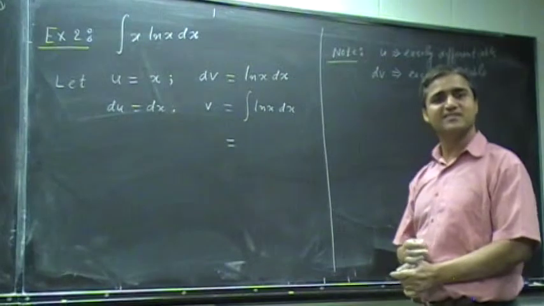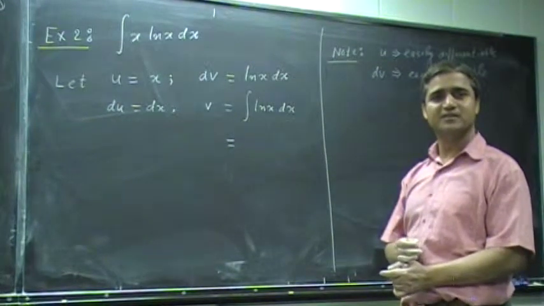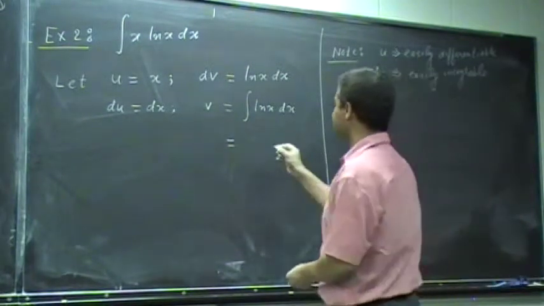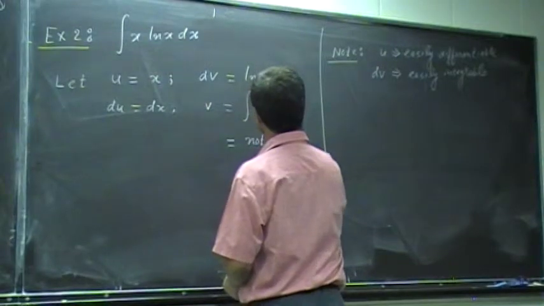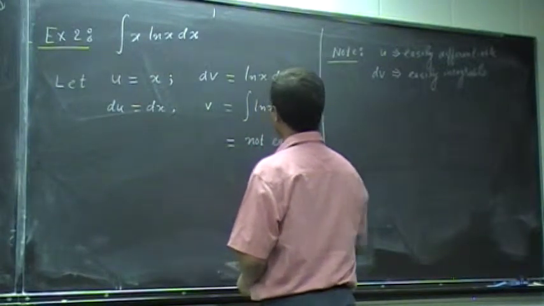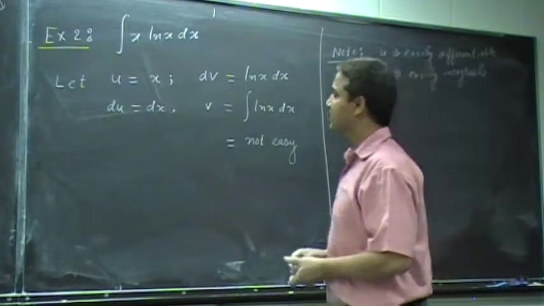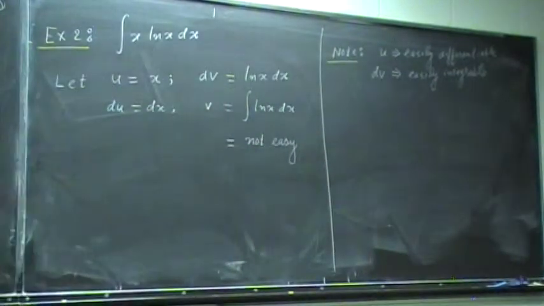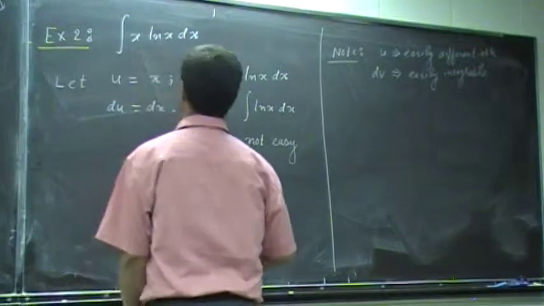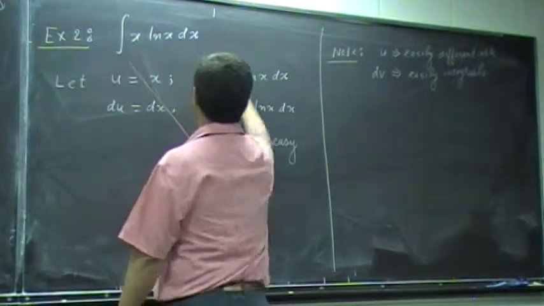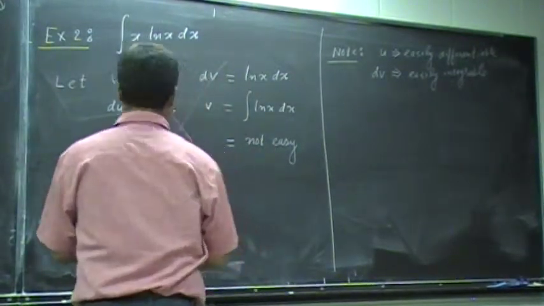Do you know what is the integral of natural log of x? No, that's not easy anyway. This means dv is not easily integrable. So I guess at this point our assumption does not work.